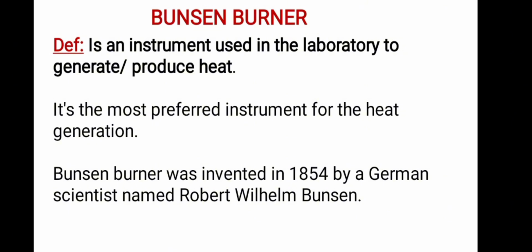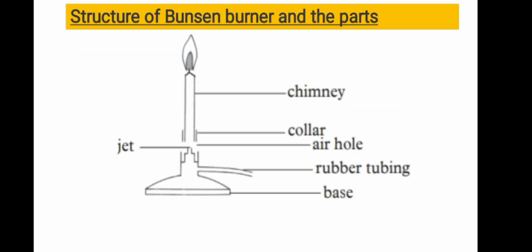The Bunsen burner was invented in 1854 by a German scientist named Robert Wilhelm Bunsen. The name Bunsen is not an instrument, but is someone's name, the inventor, and the instrument he invented is named after him. We are looking at the structure of a Bunsen burner.